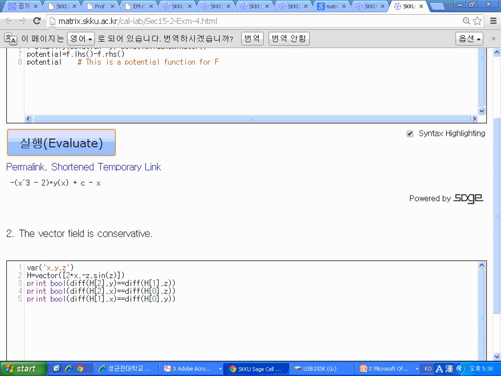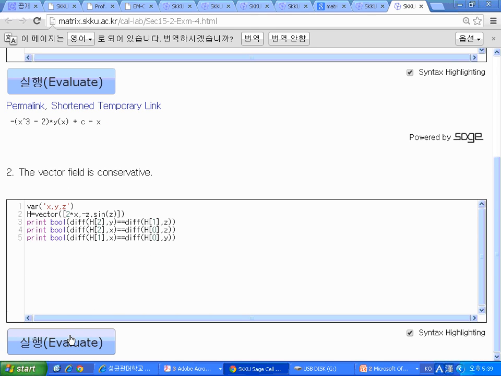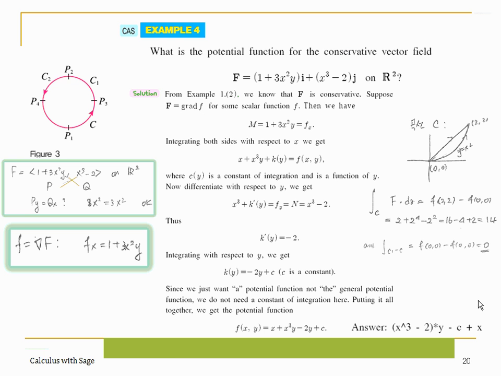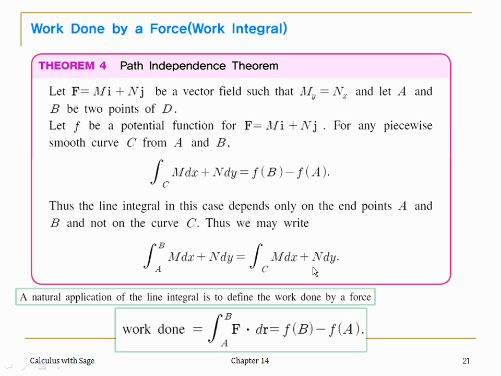And this is the solution that we had, isn't it? And this function is conservative. This is the value that we have seen here, which is x cubed y minus 2y plus x plus c, whatever. So this is the answer that you have.